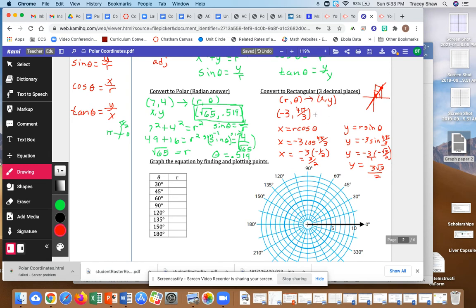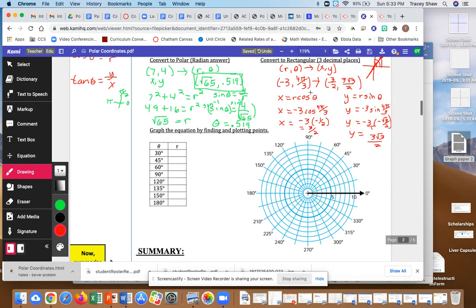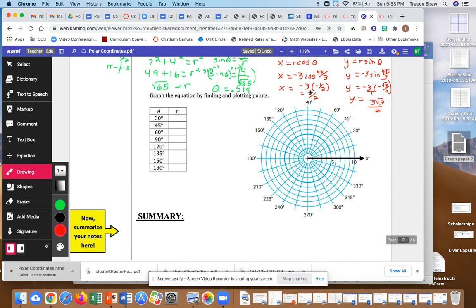That means that my rectangular point, the x-coordinate is 3/2, and the y-coordinate is 3 square root 3 over 2. This x and y are both positive, which means you will end up in the first quadrant, which matches the original polar point.